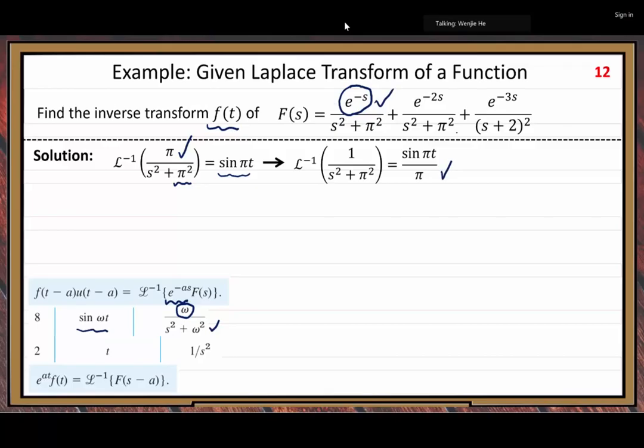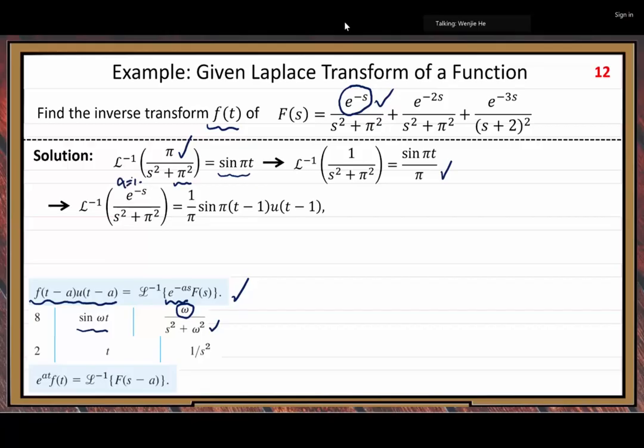Then we add the E term back, because here we can apply the second shifting theorem. When you add it back, then on the left hand side, the little f function, you need to shift by a. So what is the a? Here you see you multiply, a equals 1, right? Negative 1 times s, so a equals 1 here.